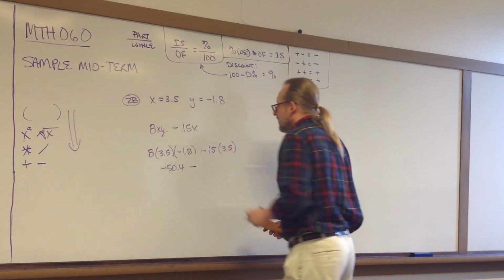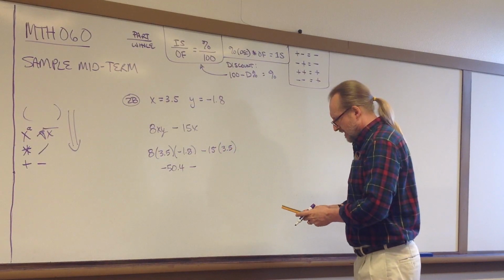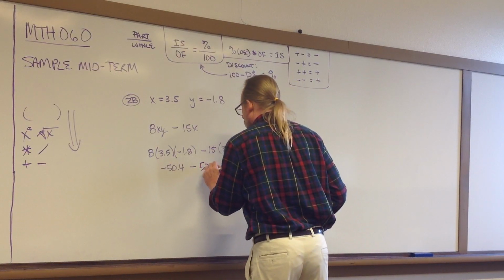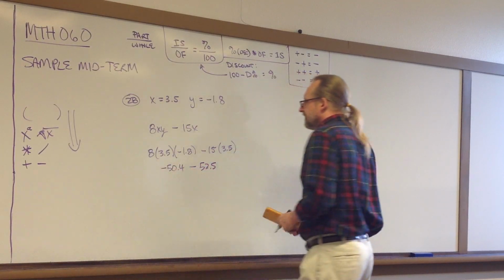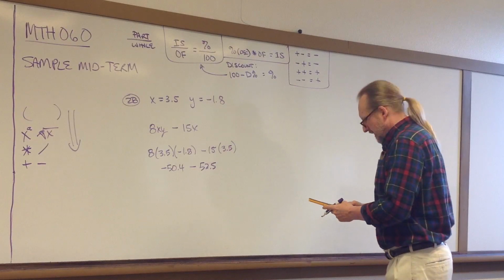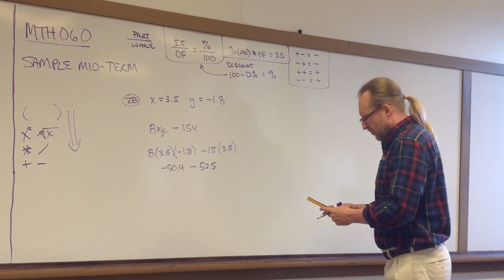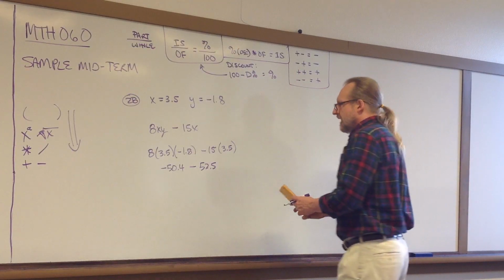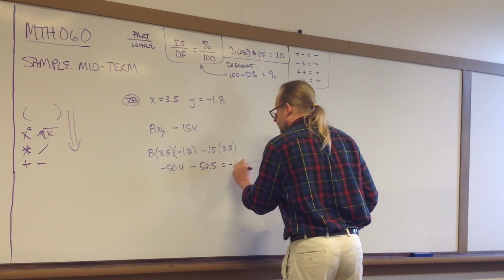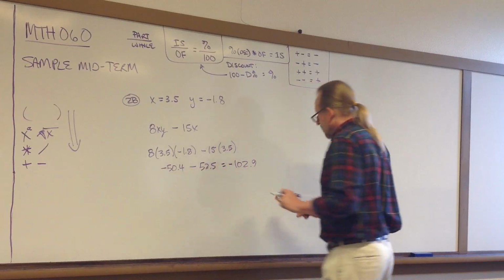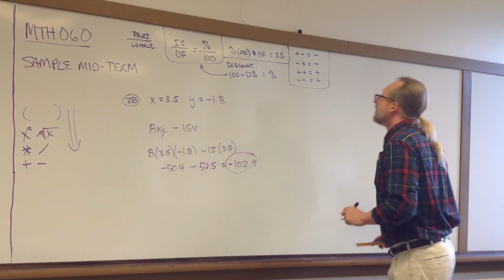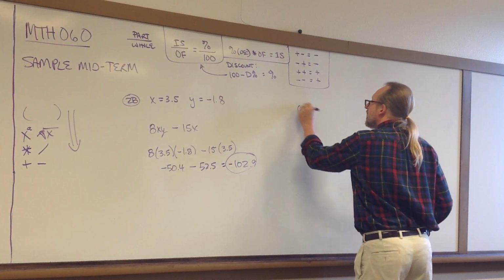And then over here, 15 times 3.5, 52.5. So negative 50.4 minus 52.5, that's going to take you further out into the negative numbers, and we're going to end up at negative 102.9. Okay. Problem 29.